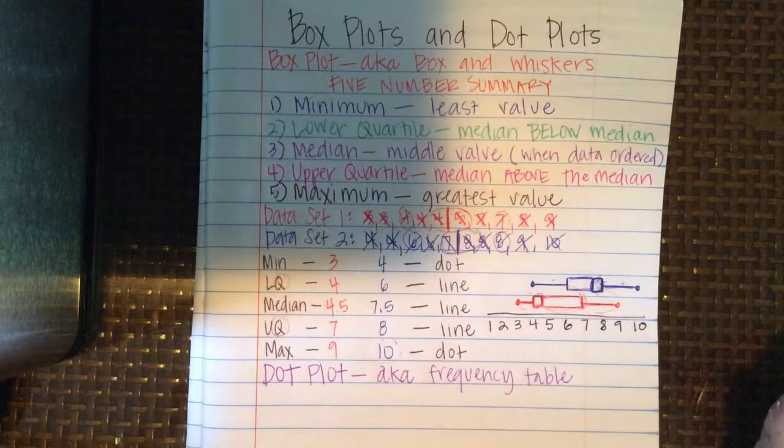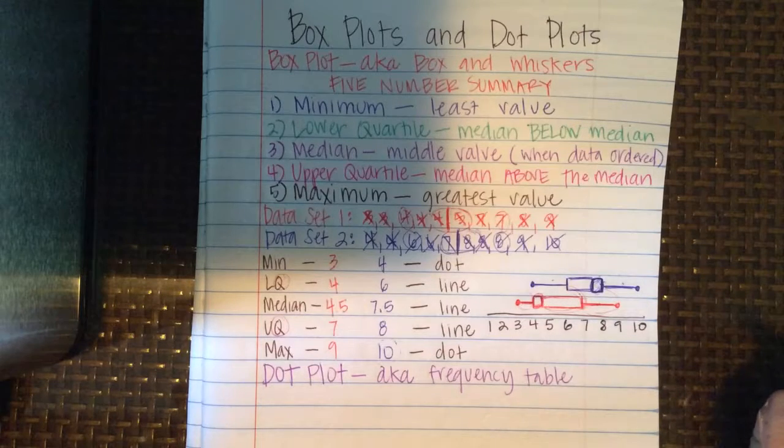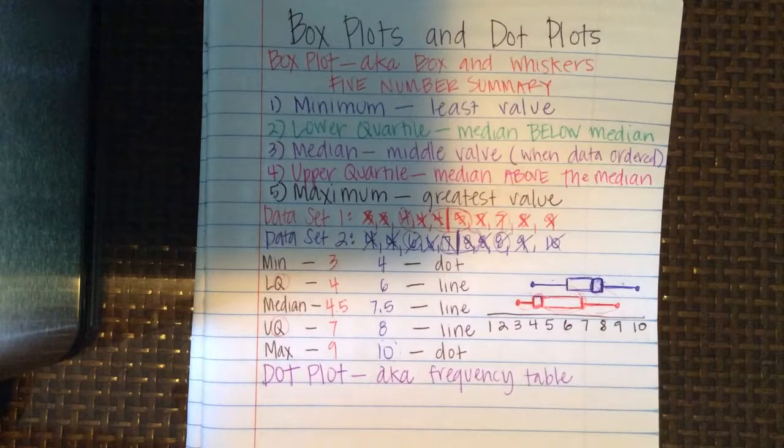You can even say that a form of it would be a stem and leaf plot, right? Where you take your values and you put them ordered by place value. It shows another visual of just how many times something occurs.